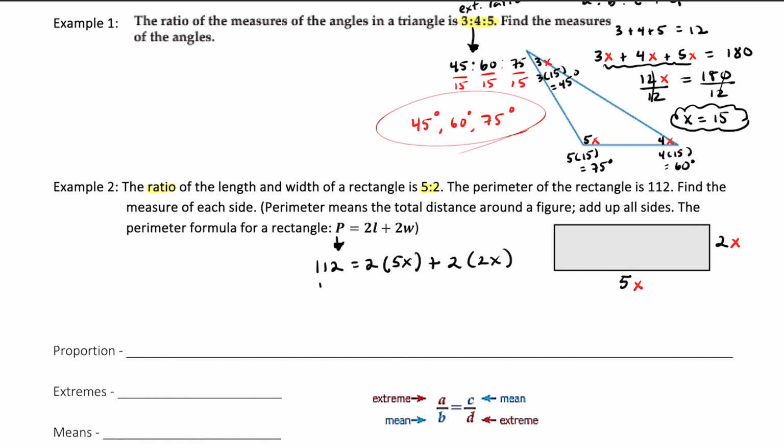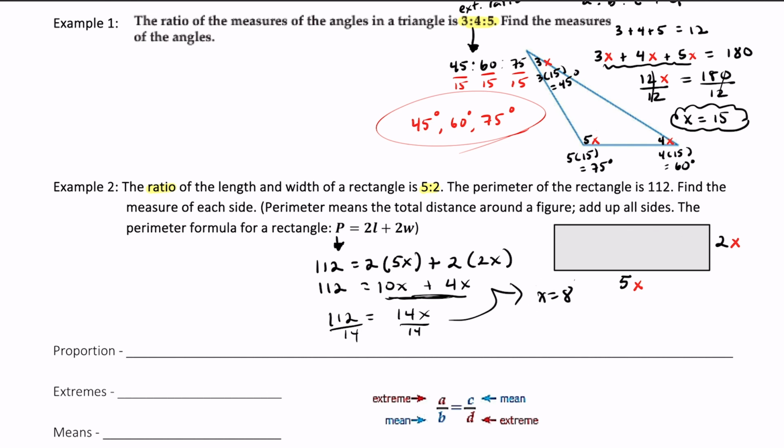So then I have 112 equals 2 times 5x is 10x, plus 2 times 2x, that's 4x. I can go ahead and combine these two terms here, which is 14x, right? So then if I divide both sides by 14, you're going to get x equals 8.